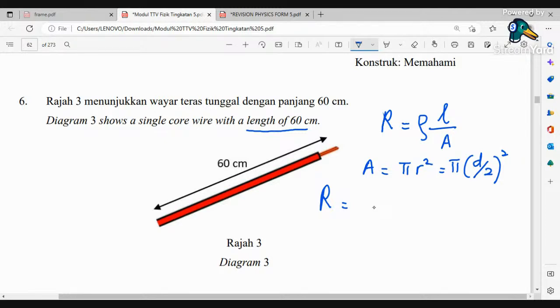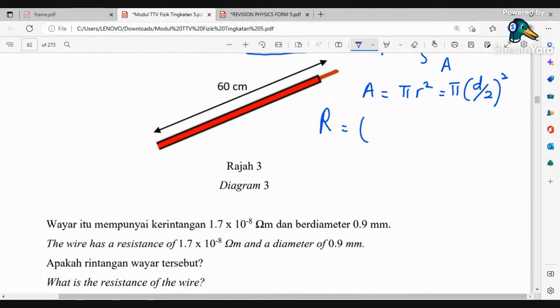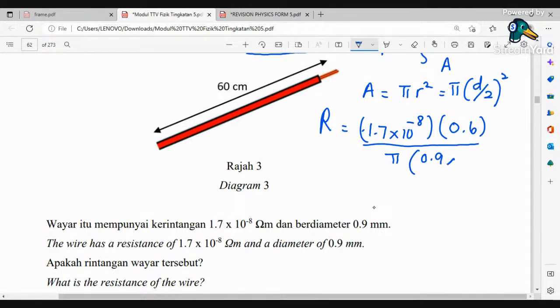So kita try calculate resistance: 1.7 times 10 power negative 8, length 60 centimeter, I convert to meter, 0.6, divided by pi, diameter 0.9 times 10 power negative 3 divided by 2, I convert to meter, squared. Okay, so we solve for this one.